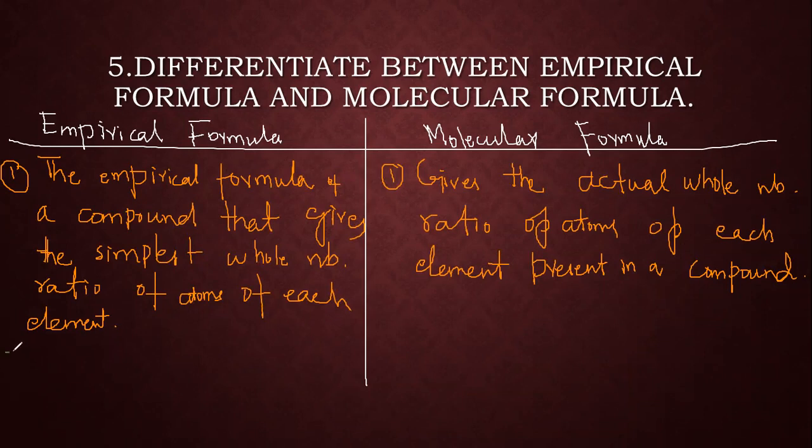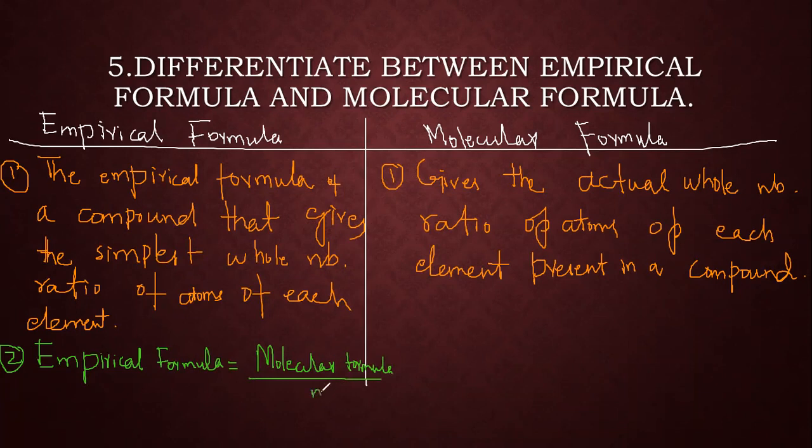So the formula is: empirical formula equals molecular formula divided by n. Here n is the whole number multiple.